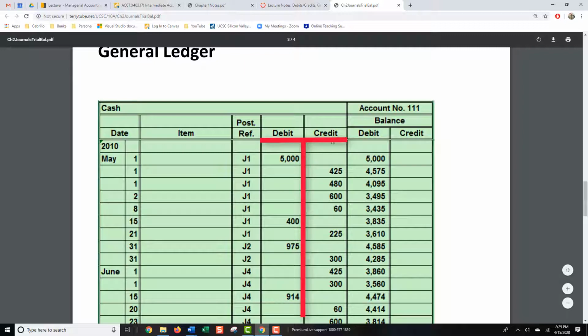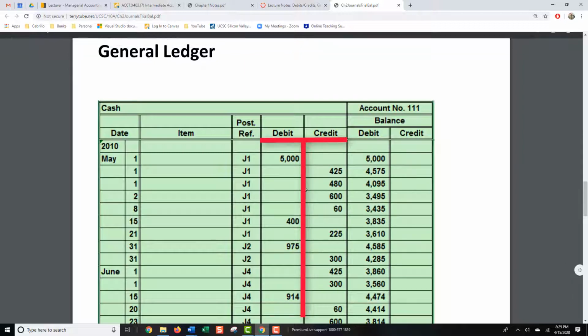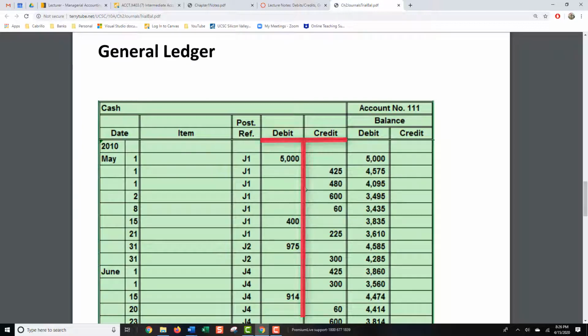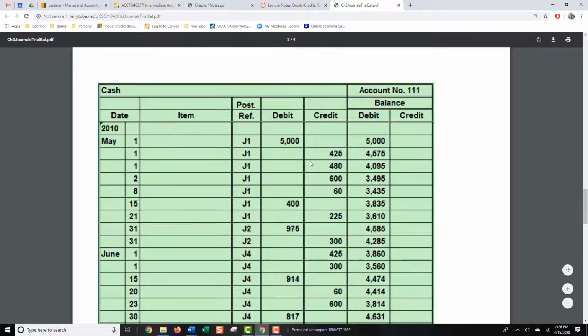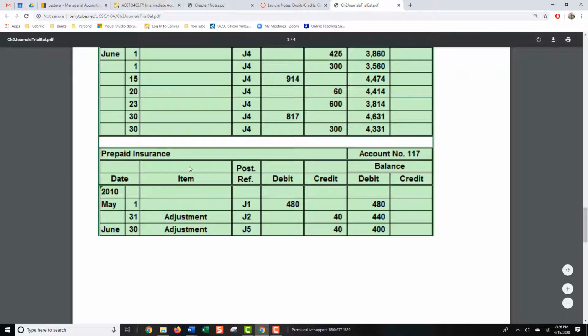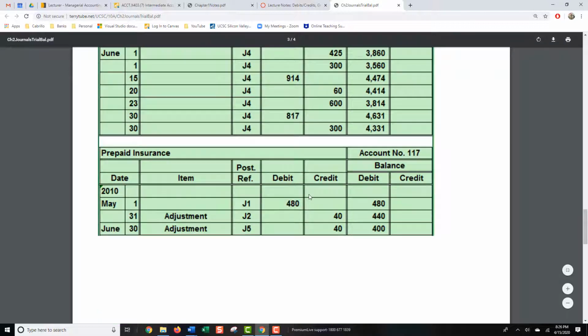So this bar going across and down, that's our debit and credit. Whenever you see a T account, it's just representing the ledger account for whatever account we're talking about. And there's another one, prepaid insurance.